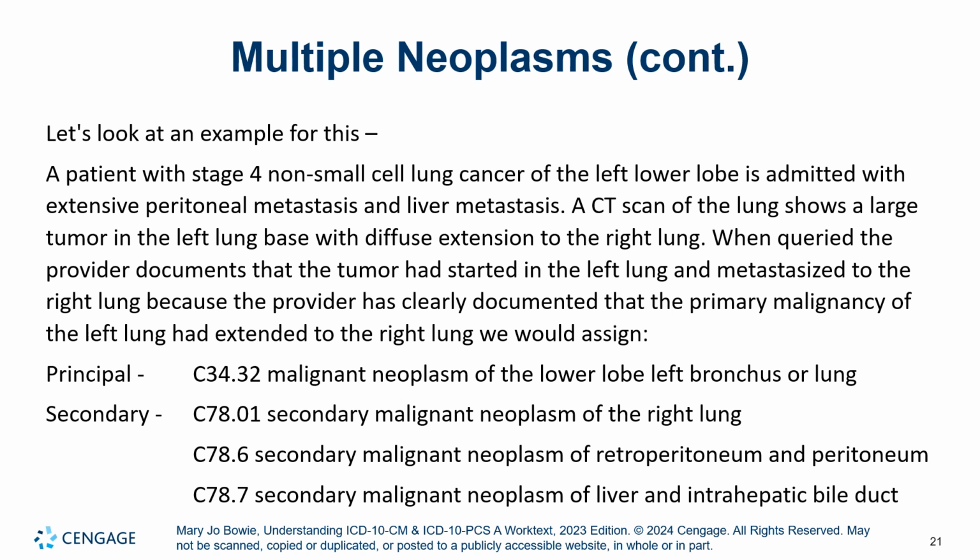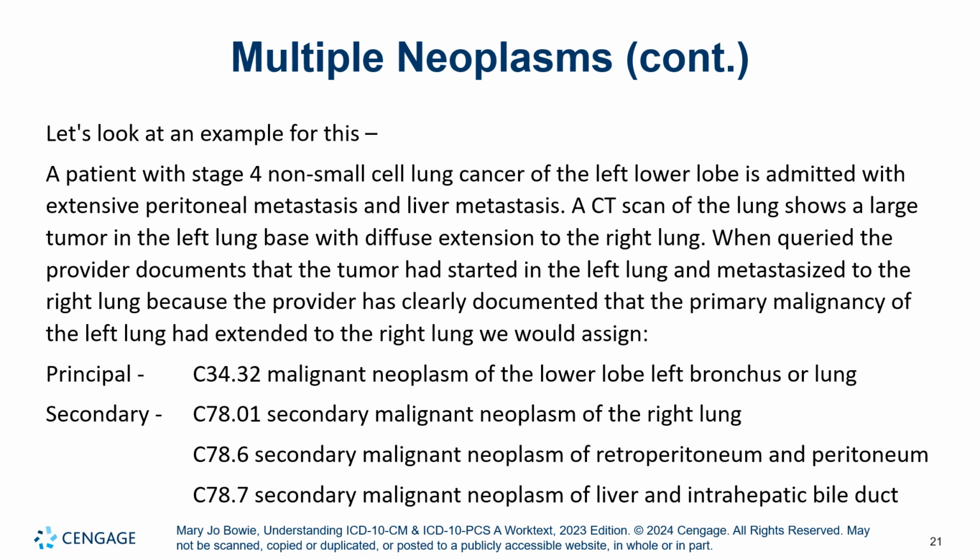Because the provider has clearly documented that the primary malignancy of the left lung had extended to the right lung, we would assign the following codes. Your principal is going to be malignant neoplasm of lower lobe left bronchus or lung, C34.32, and then you're going to have 3 secondaries.